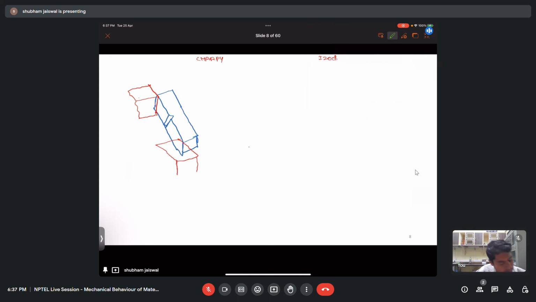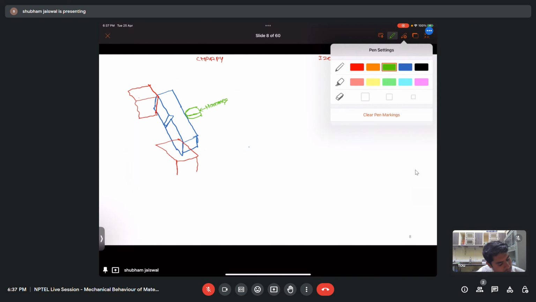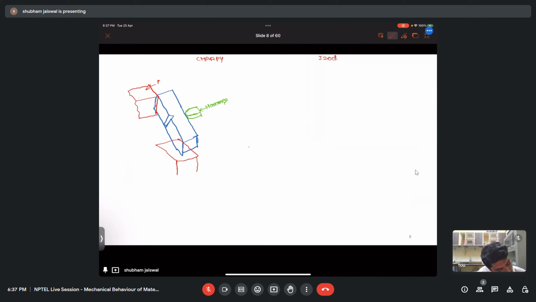And this is my hammer, this is anvil, and this is my sample. So here you can see that the notch is in the opposite direction to that of the hammer, and also it is a type of simply supported.